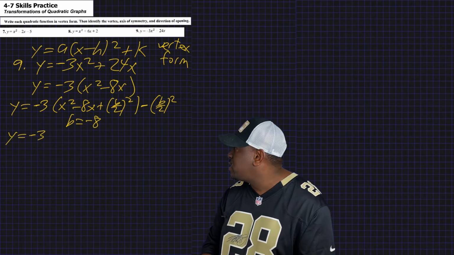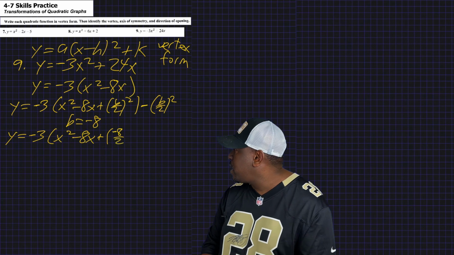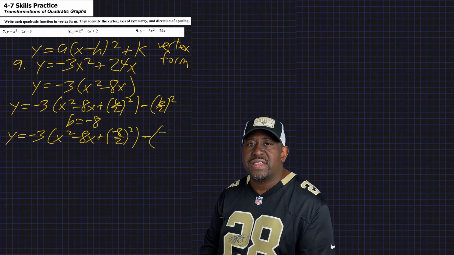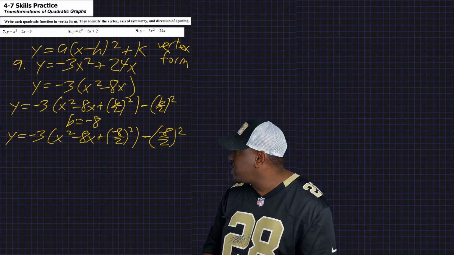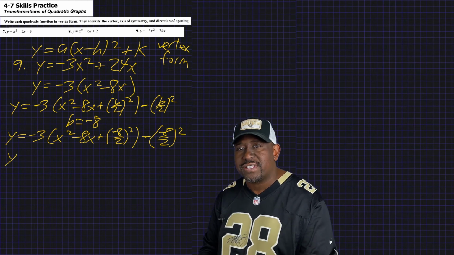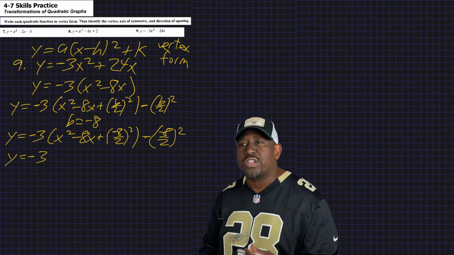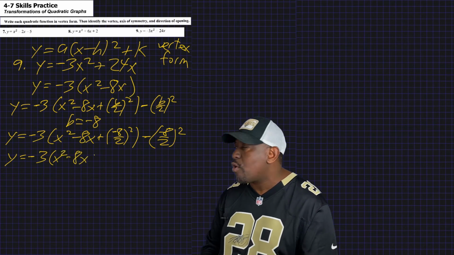So we will write negative 3 times (x squared minus 8x plus (negative 8 over 2) squared). And then to the right of that, we will put minus (negative 8 over 2) squared, as you can see there. And again, that's because we've added a term that wasn't there, and using the property of equality, we must subtract that term so that it'll be equivalent to the original problem.